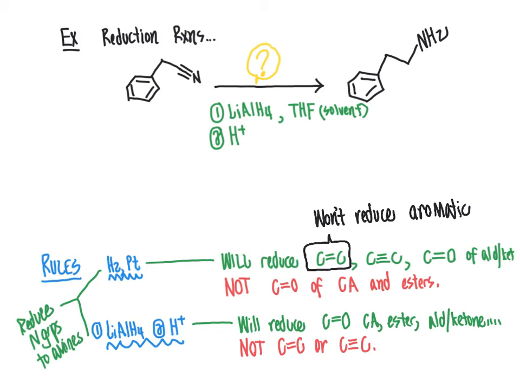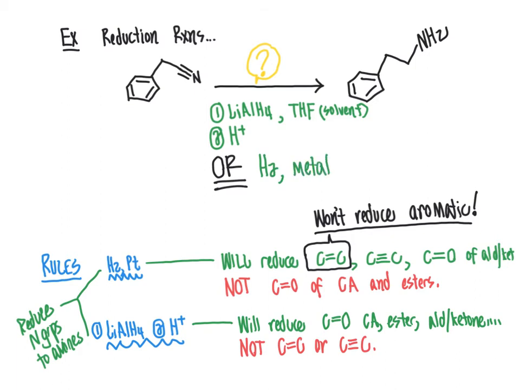It's very low energy to start with. The activation energy required to destroy that aromaticity is extremely high, and it's not going to be favorable for that aromaticity to be disrupted by doing an addition reaction. So we will not be able to reduce aromatic groups using hydrogen and a metal catalyst, and hence that opens up a second option for this reaction, which is that we could use hydrogen H2 with a metal catalyst.